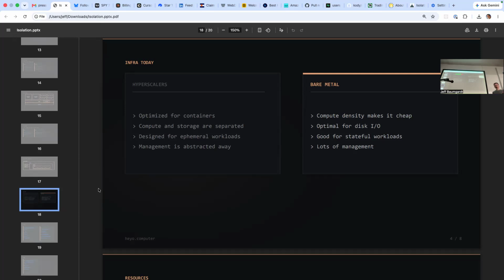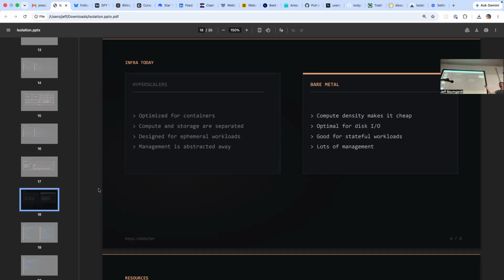So that means it's not saving a bunch of individual files to disk. Each container could be killed and restarted, and you don't lose anything. And that's really what an AWS or Azure or GCP is designed for. So it's very ephemeral, stateless workloads.